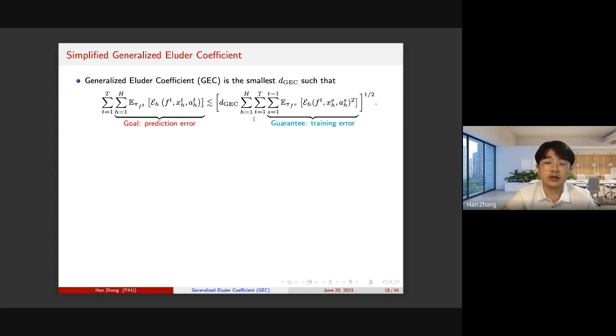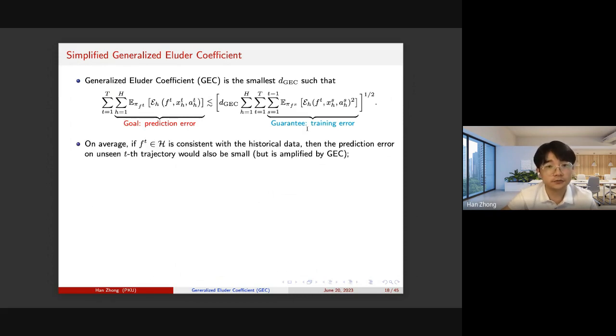So the GEC directly connects the goal, the prediction error, and our guarantee, the training error. On average, if FT is consistent with the historical data, which means the training error is small, then the prediction error on the unseen test trajectory would also be small, amplified by GEC.